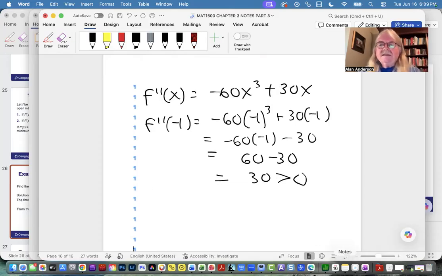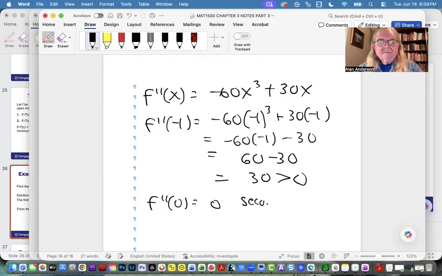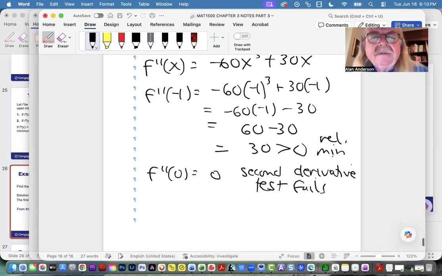Oh, I bet that's why they did this. And then f double prime of 1.